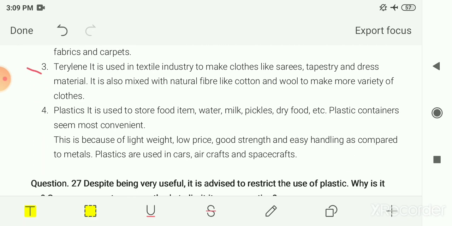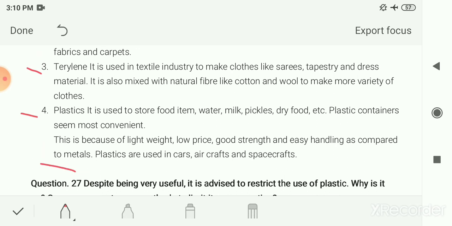Next synthetic material is plastic. It is used to store food items like water, milk, pickles, dry food, etc. Plastic containers seem most convenient, and it is easy to store anything in plastic as it is non-reactive.